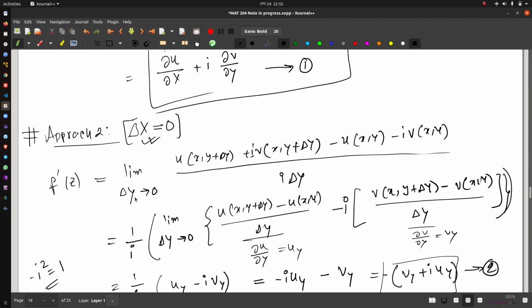So what went wrong? Let's try to trace it. There is this 1 upon i, it goes over here, that's great. Limit del y goes to 0. Okay, this is fine. Oh, okay, now I see. It should be a plus sign. This is the mistake over here. It should be a plus sign.